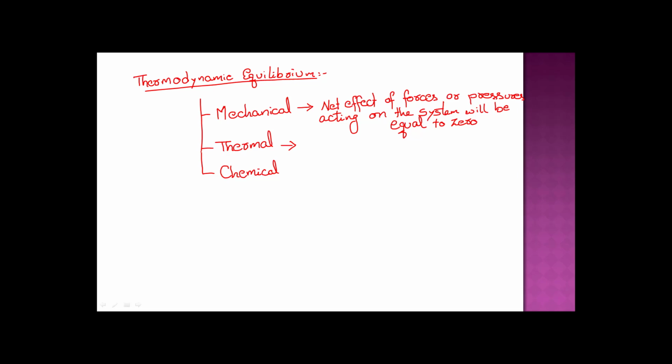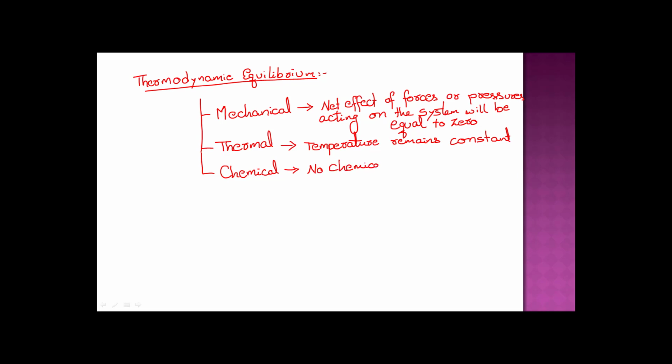When it comes to thermal equilibrium, a system is said to be in thermal equilibrium when the temperature remains constant. When it comes to chemical equilibrium, a system is said to be in chemical equilibrium when there is no chemical reaction taking place.